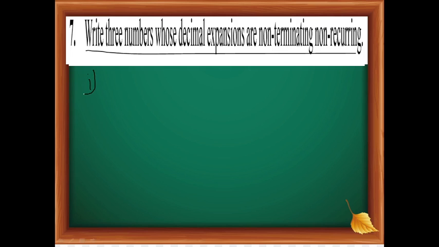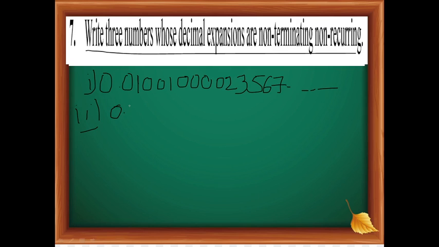First one, 0.01. What they ask, non-terminating, no? 0.001, 0.0002356 7, etc. Another one, let us take another one. 0.16356, and so on.